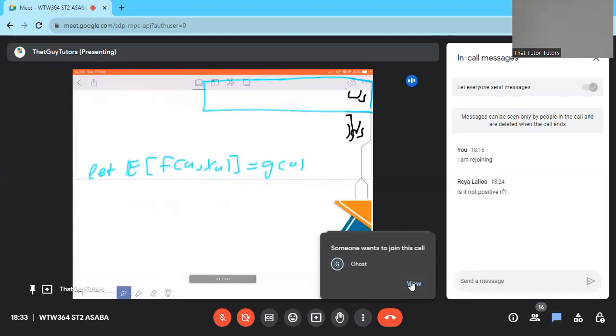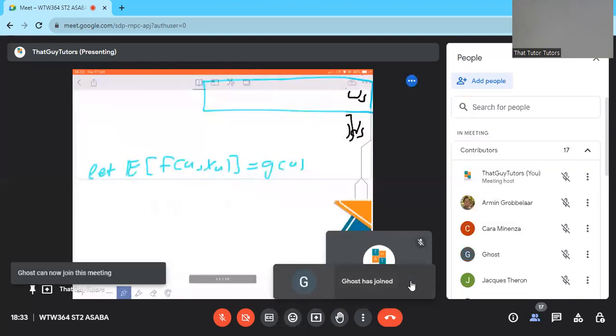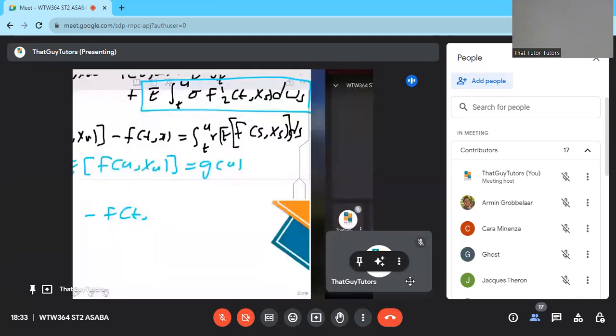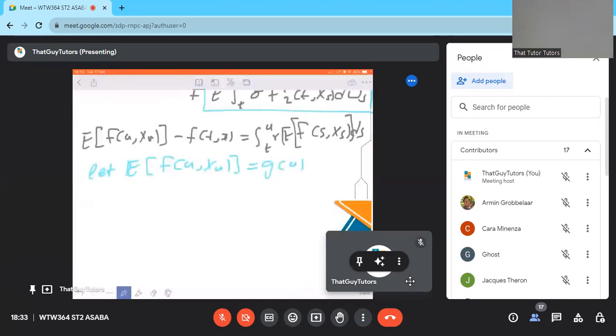So I'm just rewriting this as g. So for f of t, we're going to have t over the x actually.